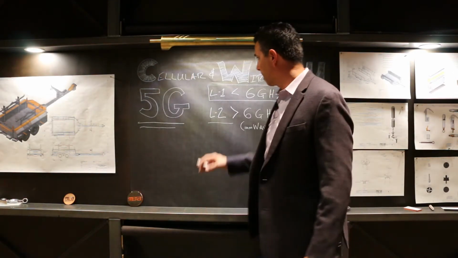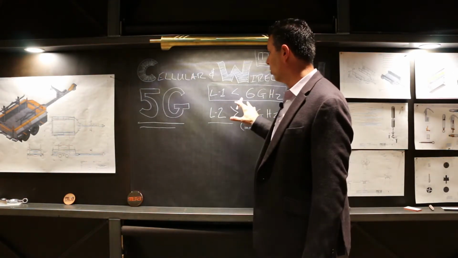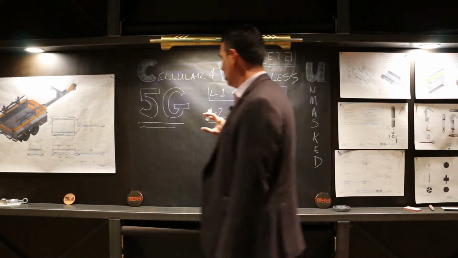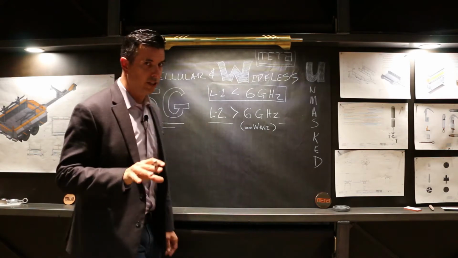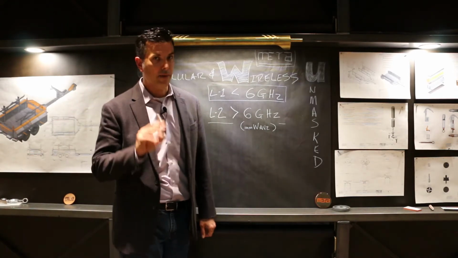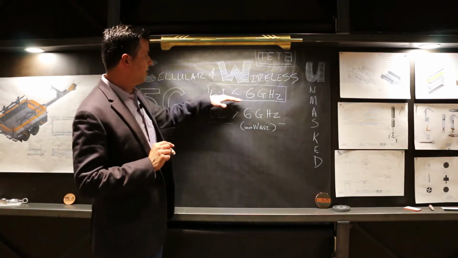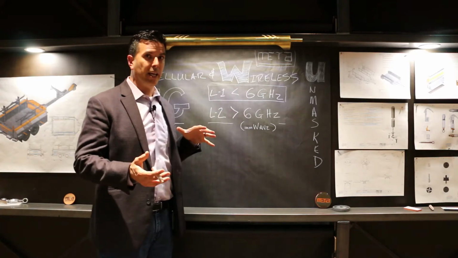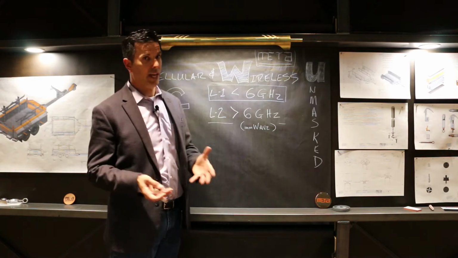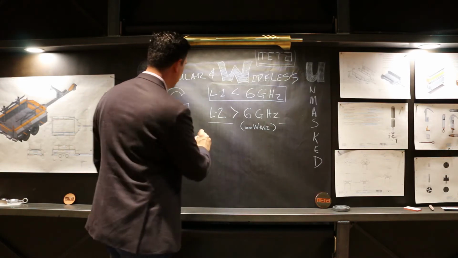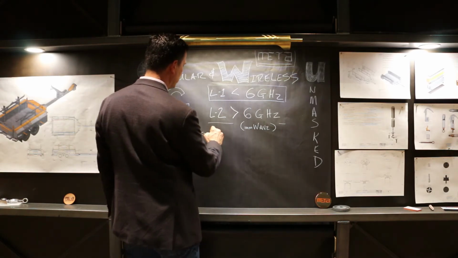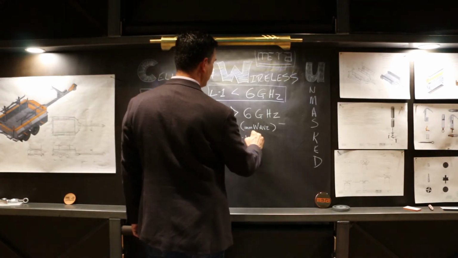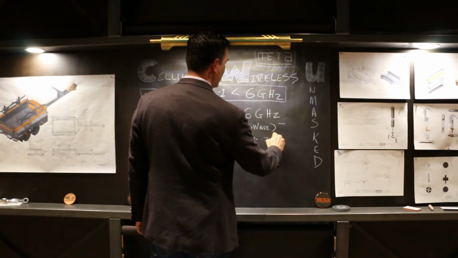Okay, so level 1 5G, or the 5G services below 6 gigahertz. For the 5G services we're seeing today that started to roll out about 2 years ago, the 6 gig and below stuff is basically a reallocation of existing bands. So in previous videos, we talked about 600 megahertz, 700, 850, 1900, and 2100.